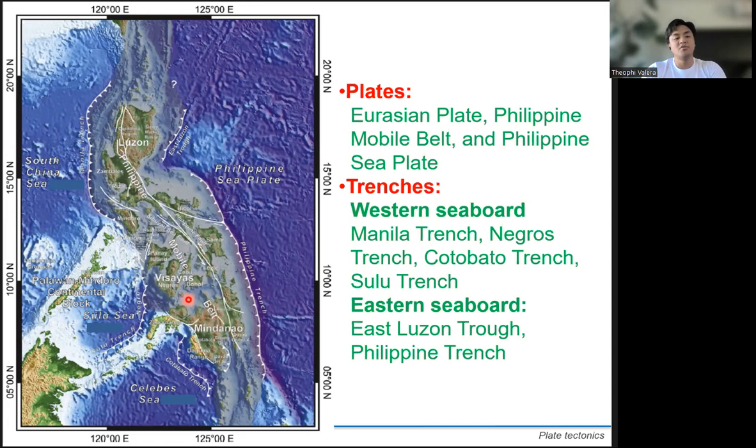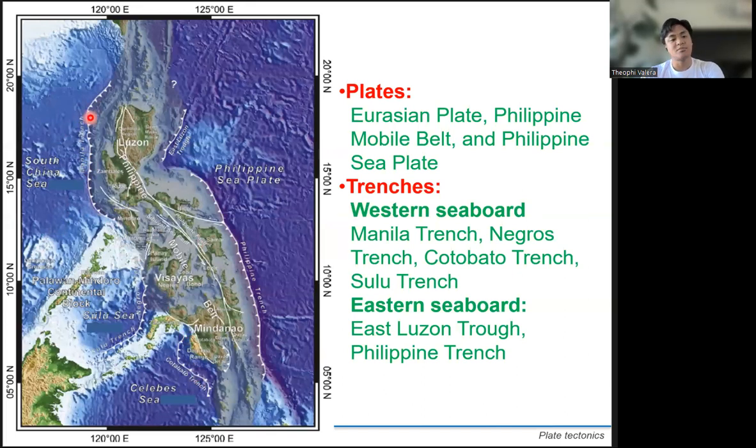So again, review: Philippine Mobile Belt, Eurasian Plate, Philippine Sea Plate. The Philippine Sea Plate subducts beneath the Philippine Mobile Belt along the East Luzon Trough and Philippine Trench. To the west, you have the South China Sea, Sulu Sea, and Celebes Sea, all part of the Eurasian Plate.